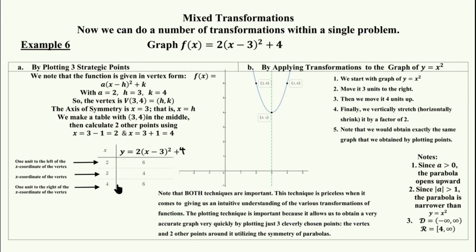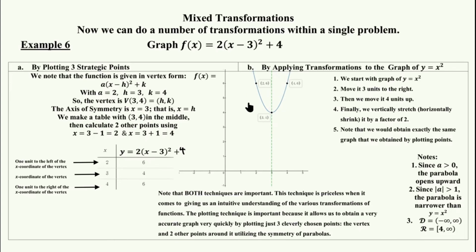So the thing about these tables that makes it difficult for some people who are used to graphing lines, for example, is that they just want to start with 0, 1, 2 or something like that. You cannot just choose random points and expect to get a good graph, because if you did 0, for example, here, look at the piece of this graph that you would be graphing. It would be something completely nonsensical.